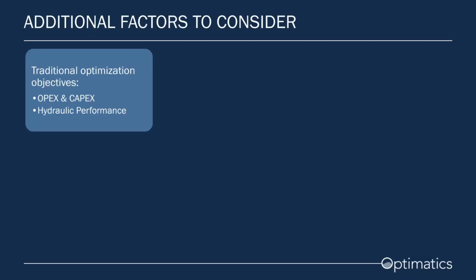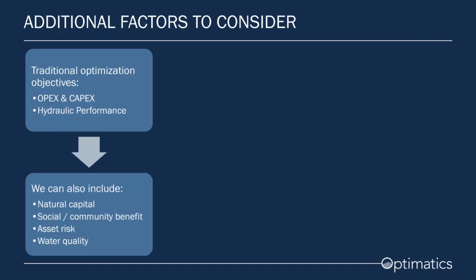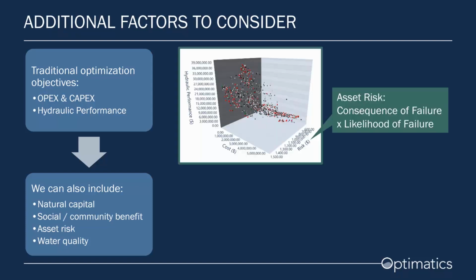So if we think back to when I compared the traditional planning process, thinking about cost and performance, obviously very important for our decision making. But we also want to be thinking about natural capital, social benefit, maybe risk, water quality, so a broader context to our decision making.